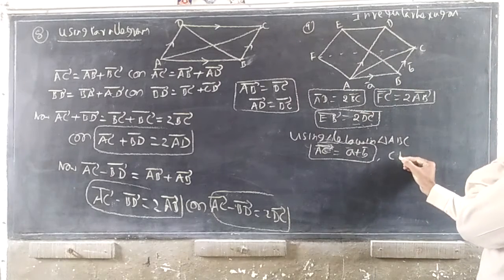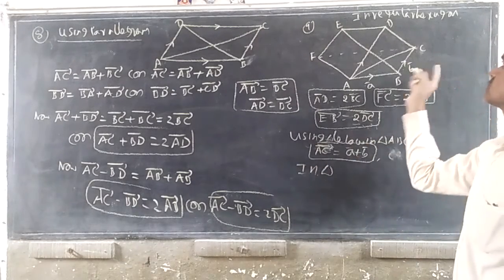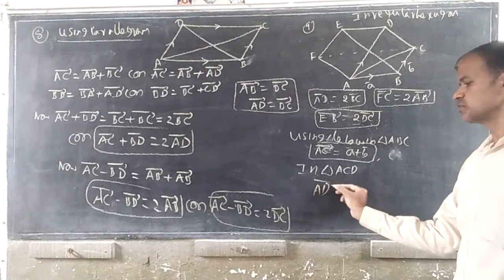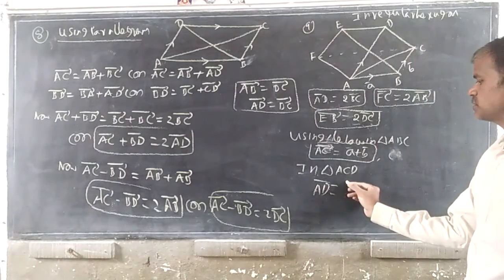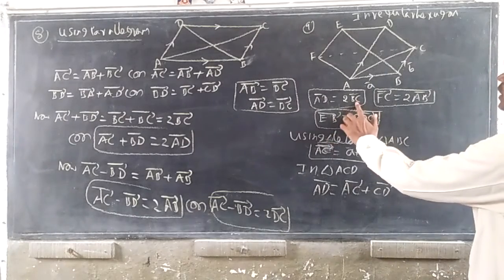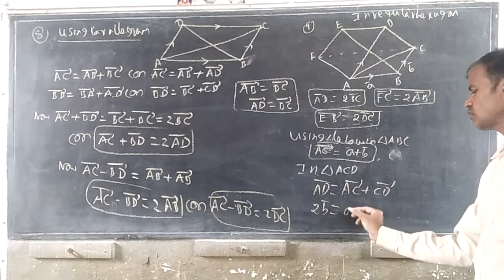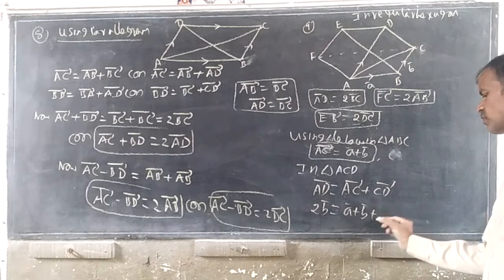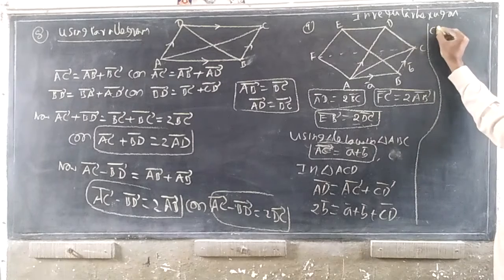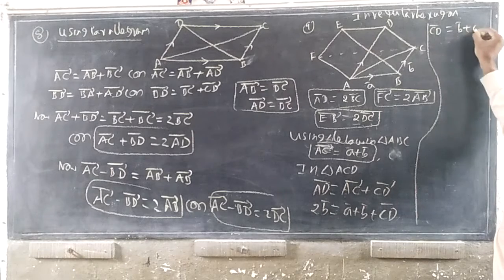So CD you can write in triangle ACD: AD is equal to AC plus CD. So what is the value of AD? We had 2BC, so it is 2B bar. 2B bar is equal to AC, already we have written here A bar plus B bar, plus CD bar. So now we need to discuss CD bar. So CD bar is equal to 2B minus B, so B bar plus A bar.